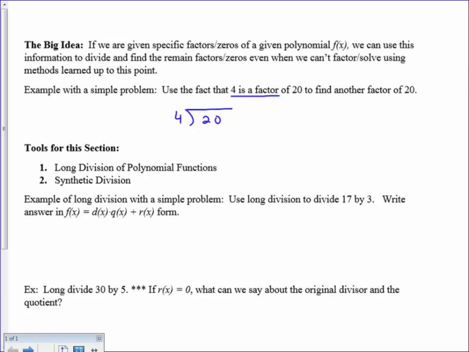So in this case, we know that 4 goes into 20 5 times, and then when we multiply 5 times 4, we get 20, and we have a remainder of 0. So I can always long divide, given one factor, to find another. Okay, so here I'd be able to say, so 5 is also a factor of 20.